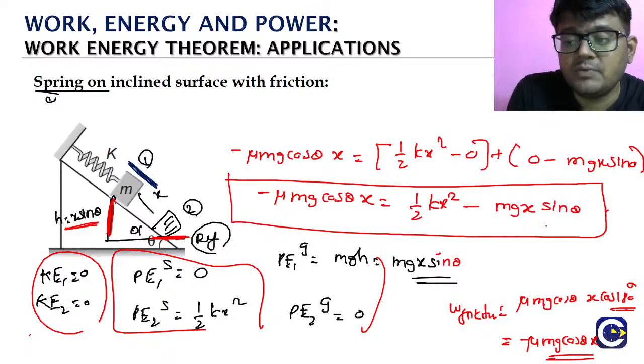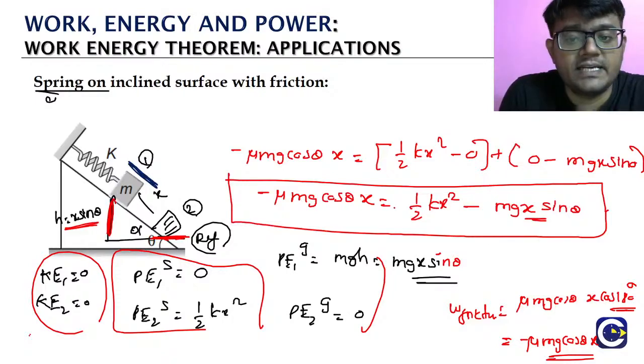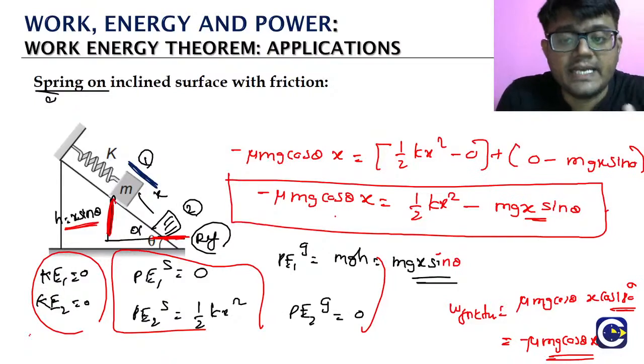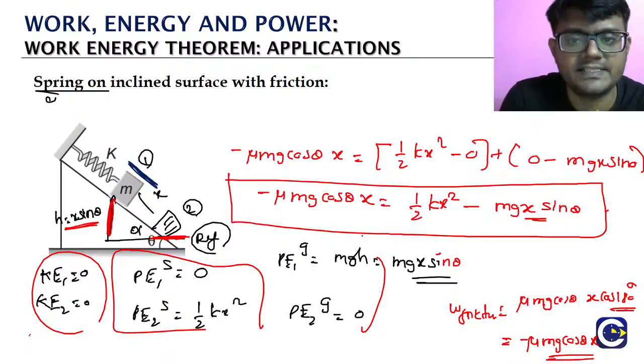We can even get the answer from here. If we take the x terms to the same side, one x will get cancelled, and from that we can get the expression also, but we could leave it here itself.